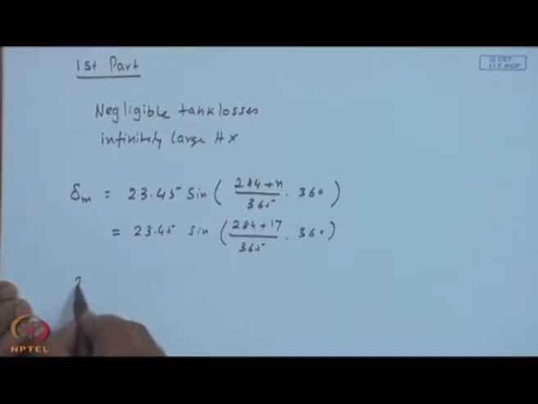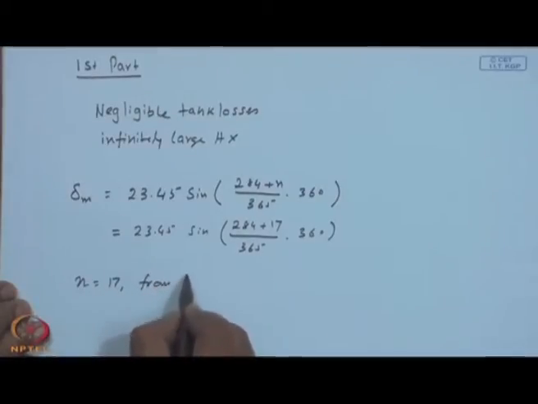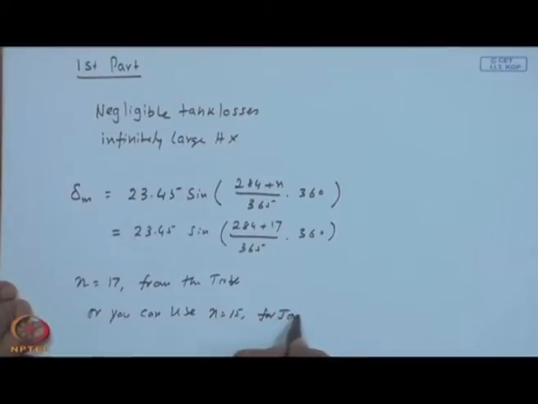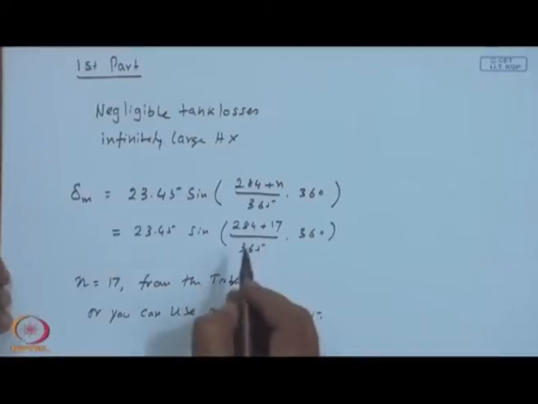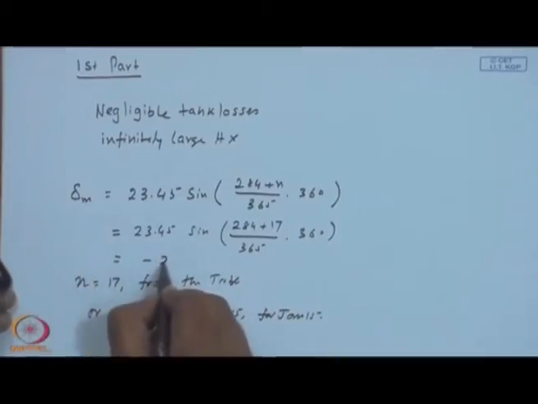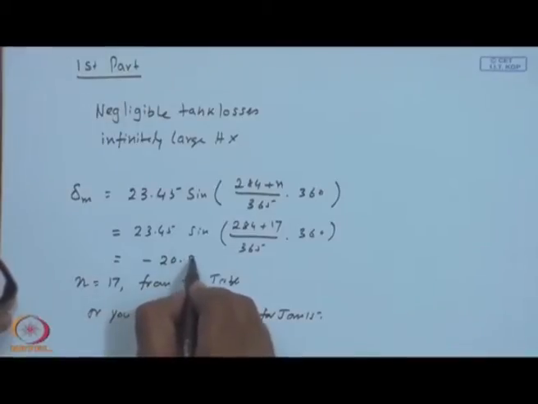Of course, n is equal to 17 from the table, or you can use n equal to 15 for January 15, without much difference, it does not make a second decimal. That should be minus 20.9 degrees.